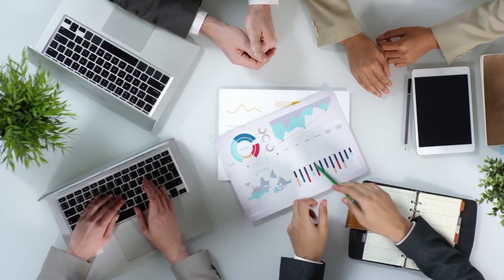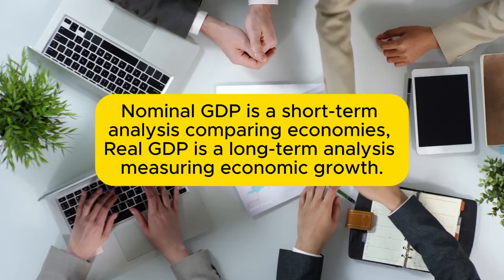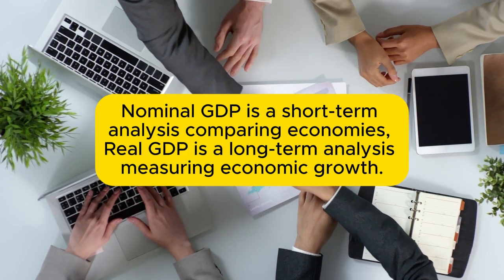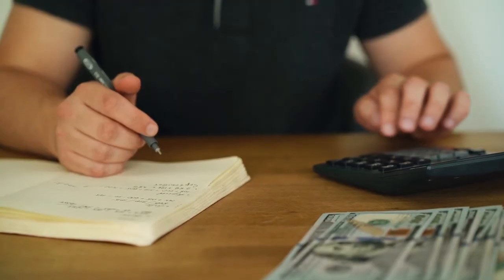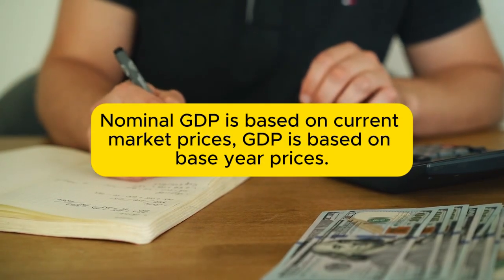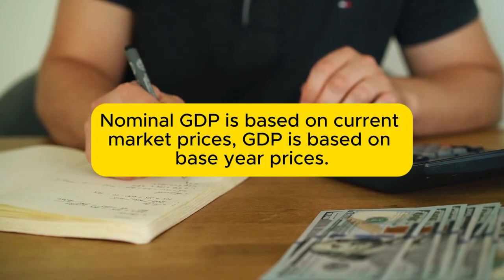The usefulness of nominal GDP is short-term analysis comparing economies, while real GDP is long-term analysis measuring economic growth. The calculation of nominal GDP is based on current market prices, while real GDP is based on base year prices.